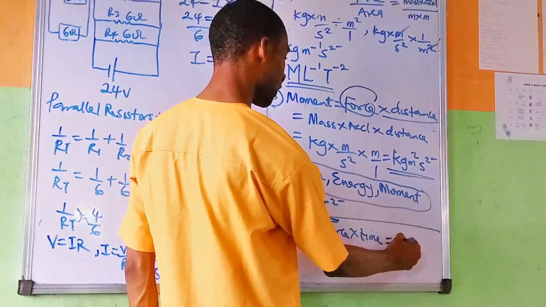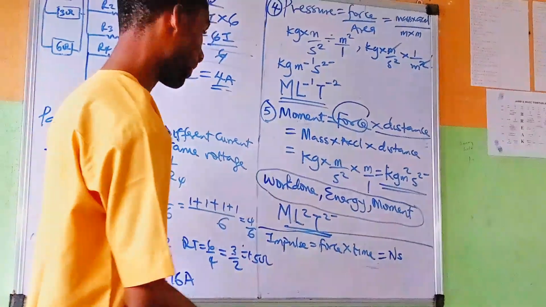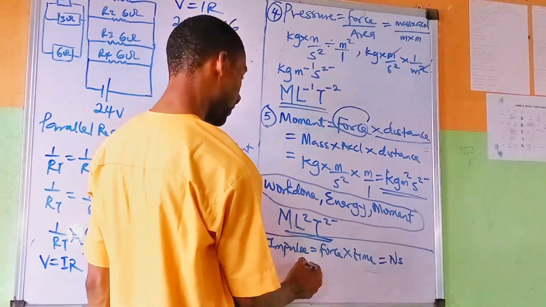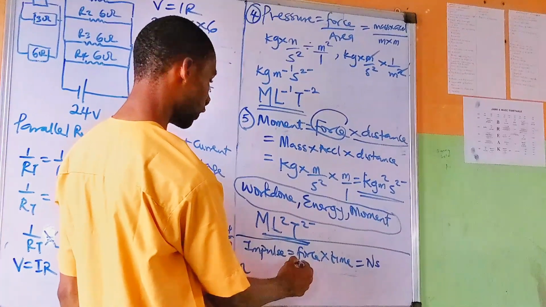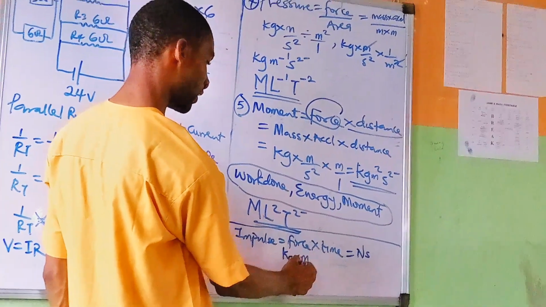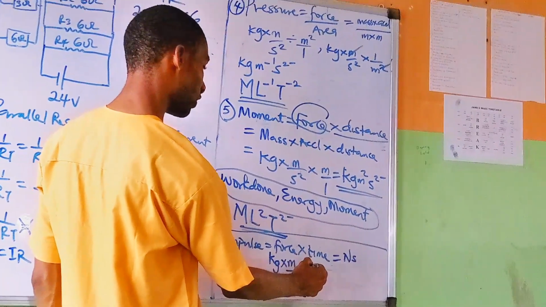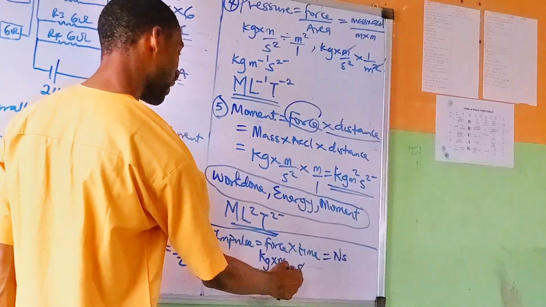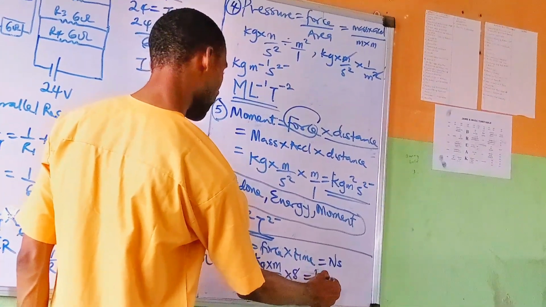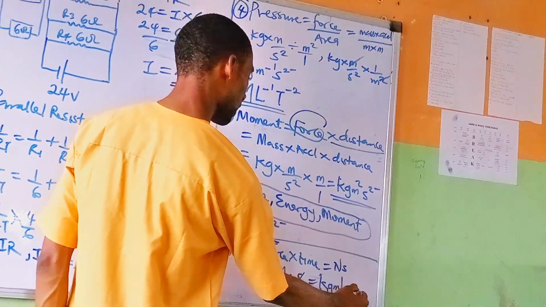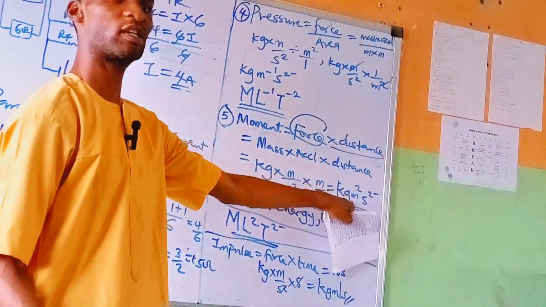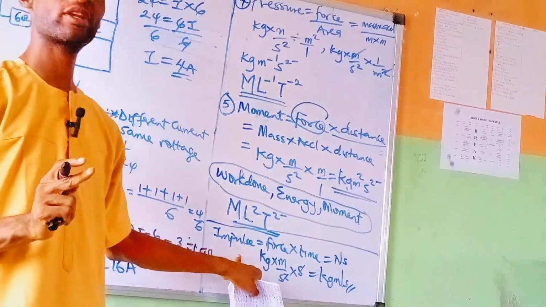Force is going to be newton seconds, or your force is mass times acceleration. So this is your mass, this is your acceleration, and this is your time. So this we cancel, and your answer is going to be kg meter per second. Is this the same with this? No. So the answer is not impulse.